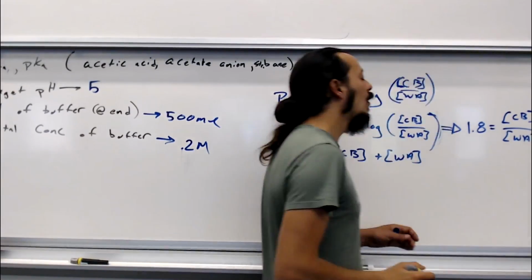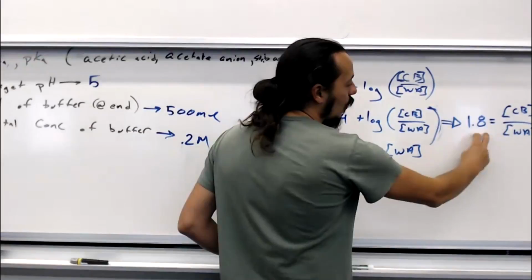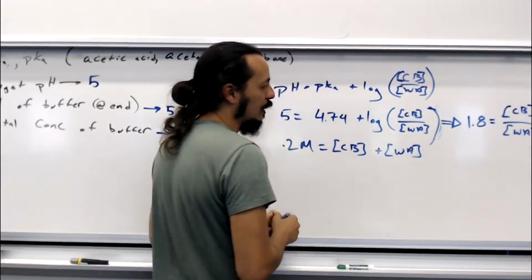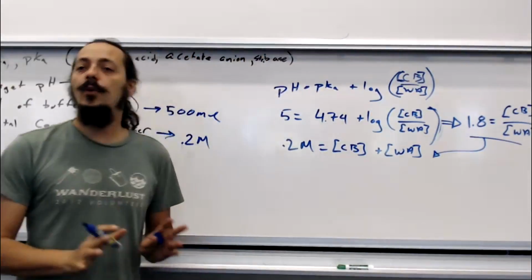So our ratio of conjugate base to weak acid is 1.8. The easiest substitution is to say 1.8 weak acid equals the concentration of conjugate base and plug this thing into here. That's going to be easier algebra.